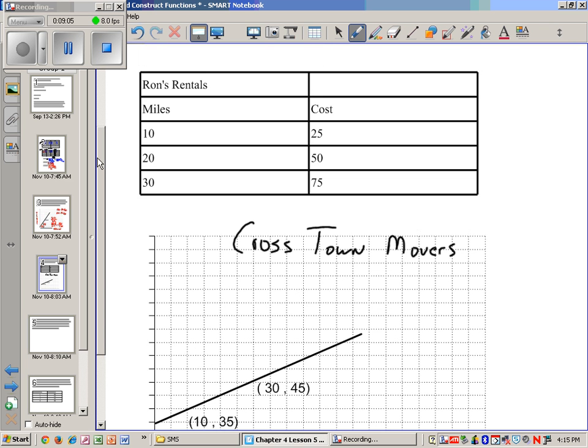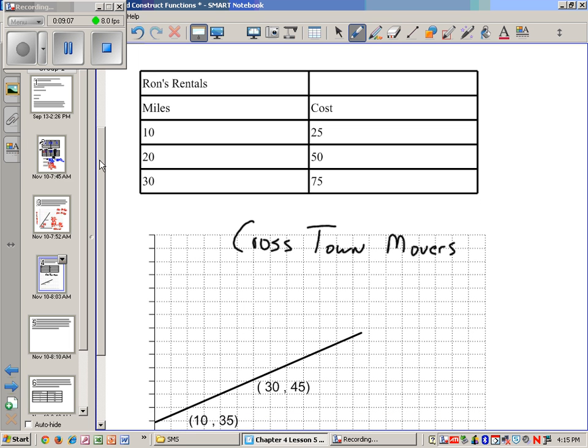Okay, let's look at Ron's Rentals first. We need to know what 40 miles costs. That's what the mom is trying to move, 40 miles. We need to find out what our cost is. Once again, let's find our per unit rate of change, so we're going to use our slope formula once again. These are basically just ordered pairs in a table.